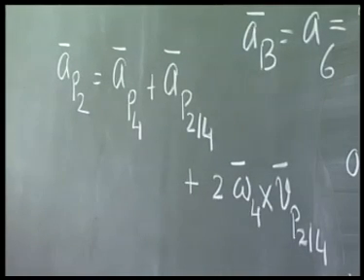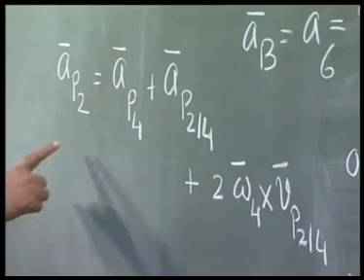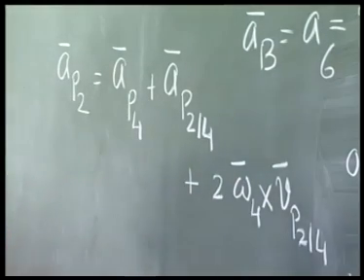Now, in this vector equation, let us see what are the quantities which are known and what are the quantities which are unknown.